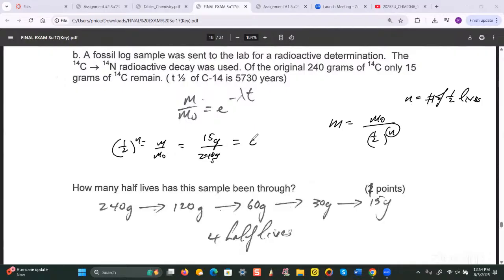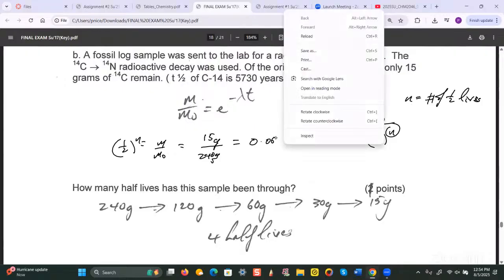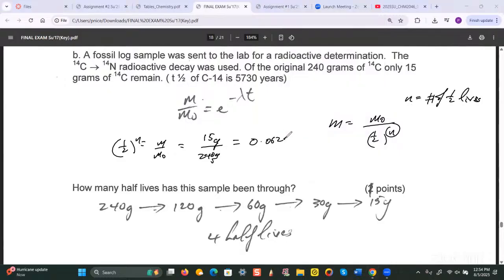Which is equal to 0.0625, which is the same thing as 1 over 16, right? So basically, you can deduce that (1/2)^N is equal to 1 over 16, which means that N would be equal to 4. So that's another way of doing it, right?